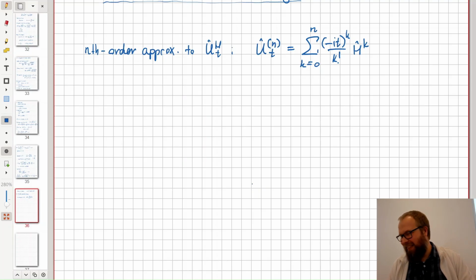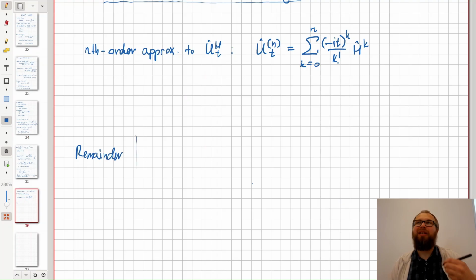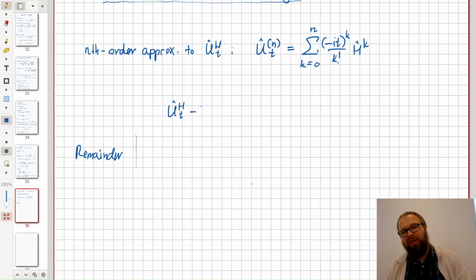Okay, so let's estimate the remainder. How much error do we incur by doing an n-order approximation? We take the exact evolution operator, subtract from it the n-order approximation, and measure its norm.